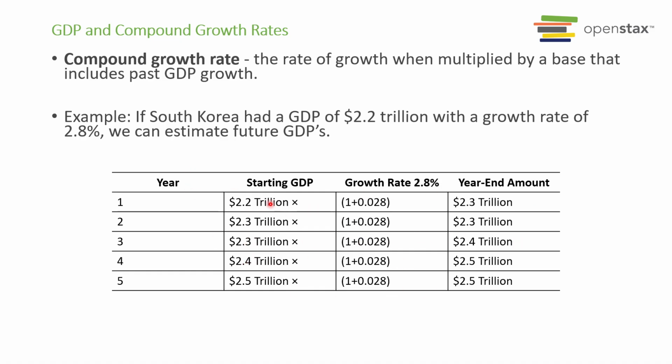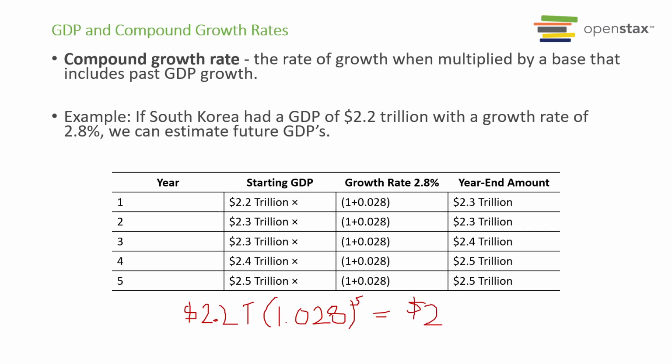One way we can go directly from this starting value up to here, maybe you can do this in your head, but we can just write it out using our formula. It's $2.2 trillion times, what's the growth rate? 2.8%, so it's 1.028, and it's 5 years, so to the fifth, and that should equal 2.5 trillion.